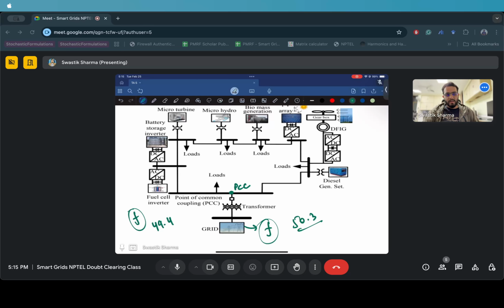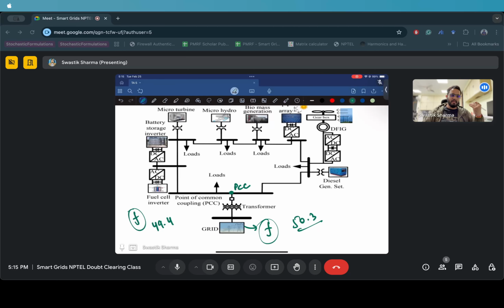So what usually happens is that due to different operating frequencies, we can have voltage and frequency going out of synchronism, which could cause power quality issues at the distribution side, right? This is not at all feasible for how it should behave. The microgrid and the main grid must always be in sync with each other. Otherwise, power quality issues will arise.